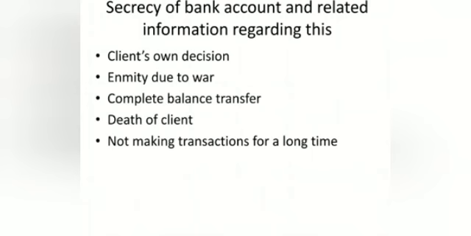Death of client. Due to this reason, the account comes to an end. Not making transactions for a long time. If any client does not make any transaction through the account for a long time, the account of this client will be closed automatically.